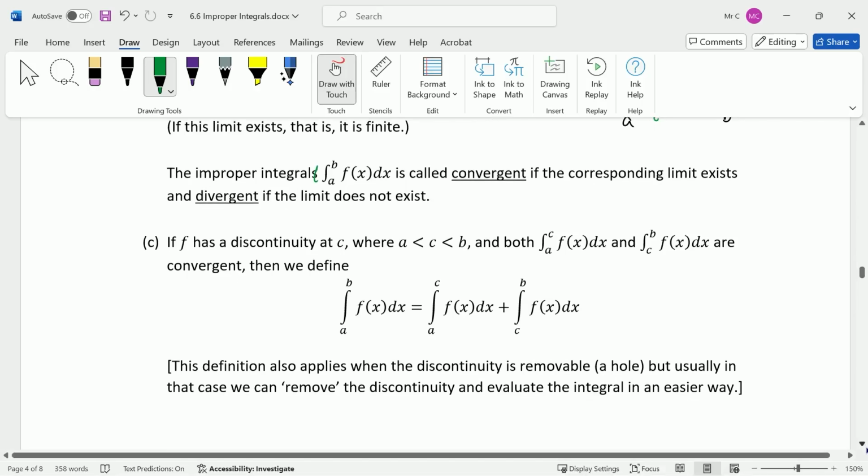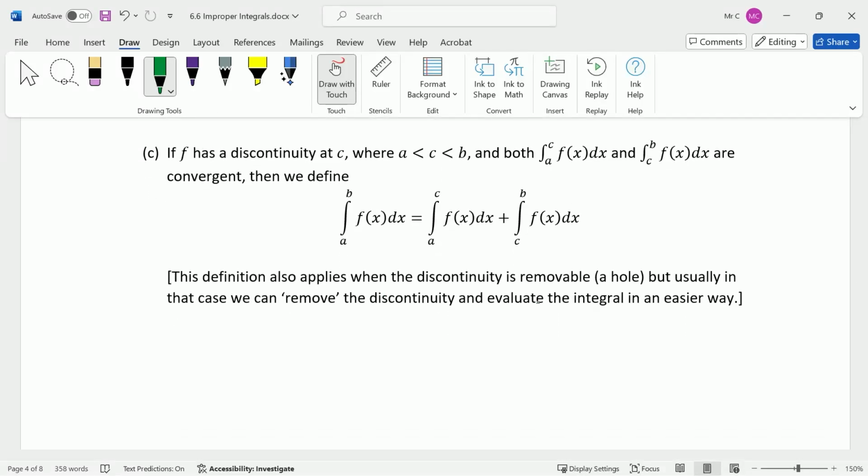Now, these definitions apply also when the discontinuity is removable, like a hole, but usually in that case we would remove the discontinuity, so we'd find a continuous function, maybe by simplifying. So for example, if I had x squared minus x over x, and I was integrating from 0 to 1, we could take a limit here, but we can also remove the hole by factoring out the x.